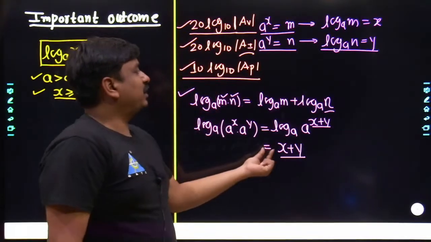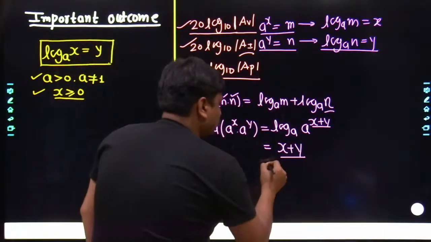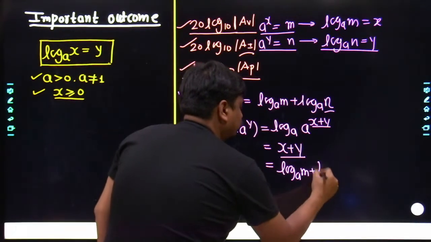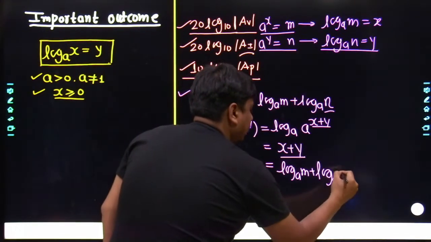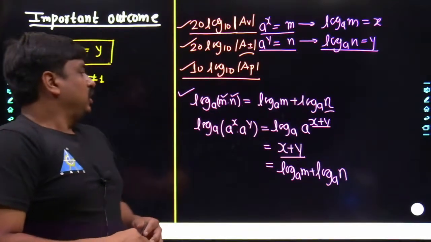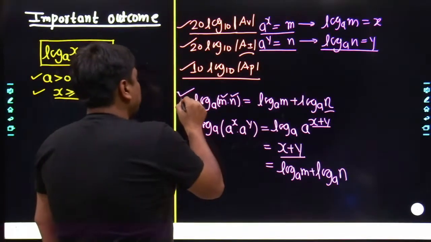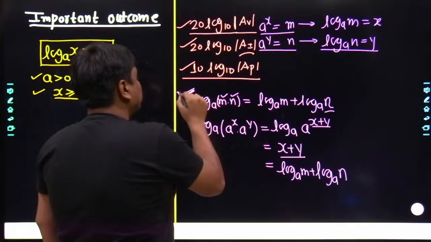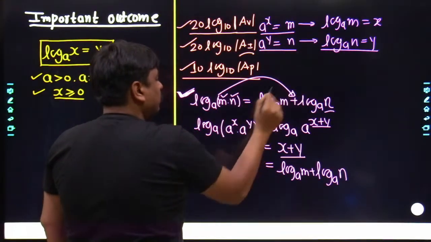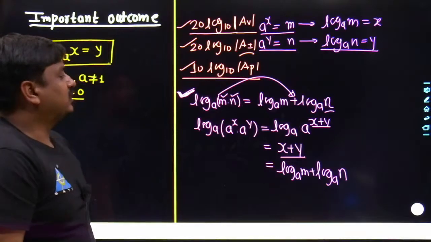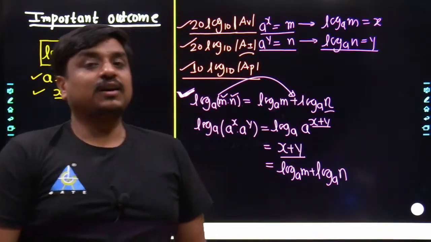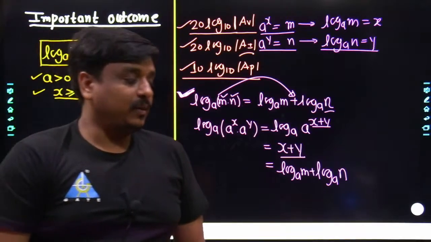So from here x plus y is precisely equal to log base a of m plus log base a of n. Obviously from here onwards you need not memorize this formula by heart. The students who have a well enough idea of how we approached it would be appreciating the concept of the logarithmic function even better.